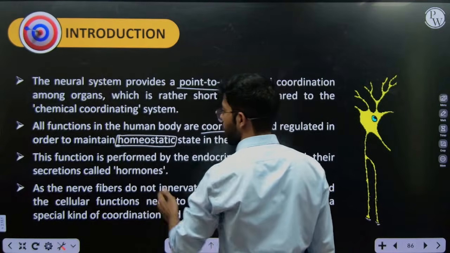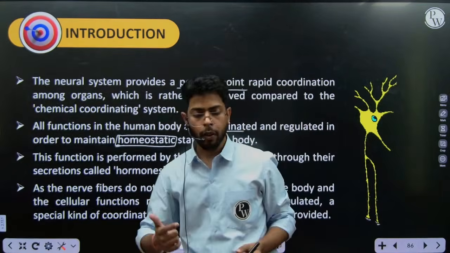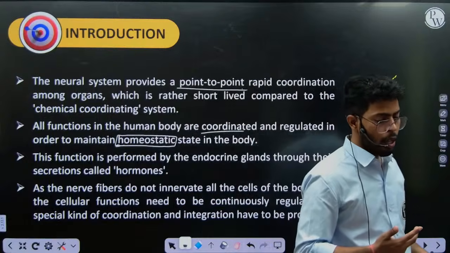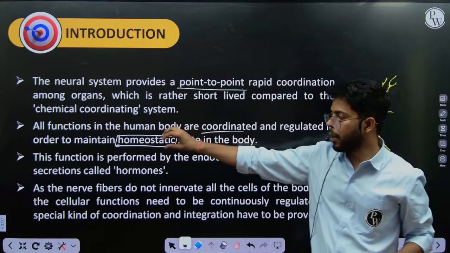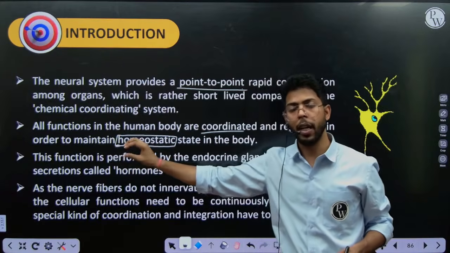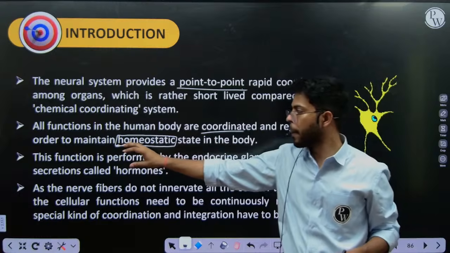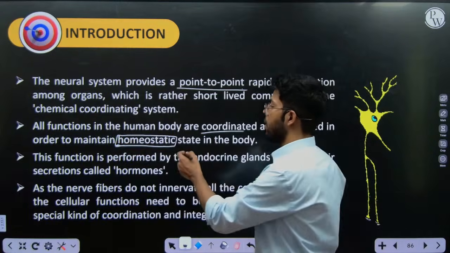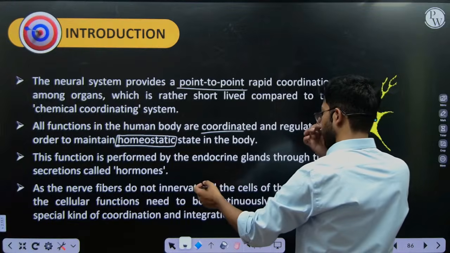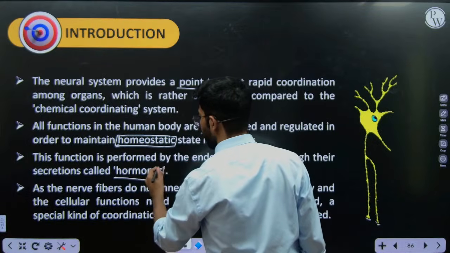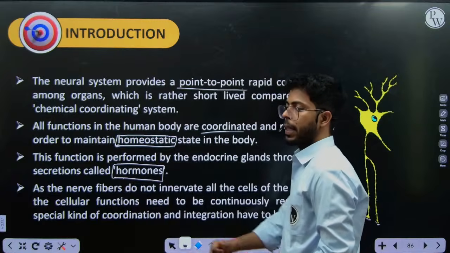Now, the neural system with the endocrine system, or the chemical coordination, maintains the homeostasis of our body. This is the internal environment which has to remain constant. Otherwise, the body's physiological activities alter. So hormones, there is a definition in NCERT.